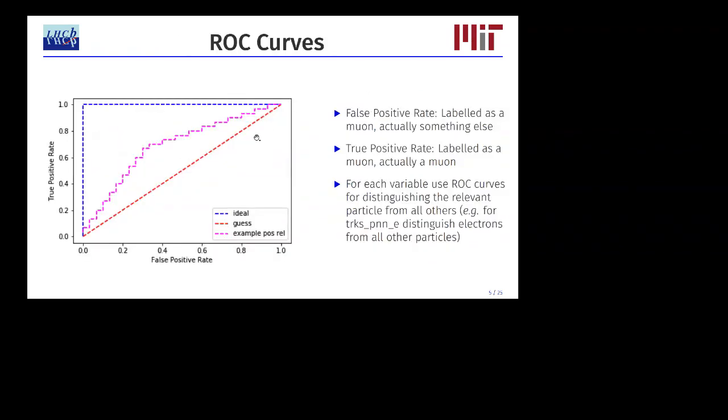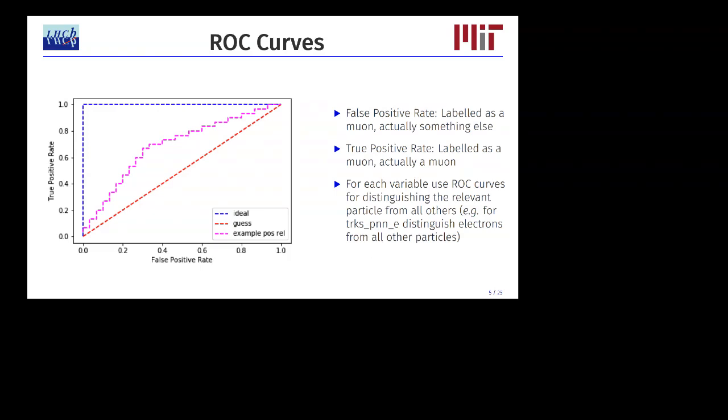Okay, so we will use ROC curves to see how well the compression has worked. You've seen ROC curves before, I'm sure. On the x-axis, we have the false positive rate. So, for example, if I label something as a muon, it actually is not a muon. On the y-axis is the true positive rate. So I label something as a muon, and it actually is a muon.